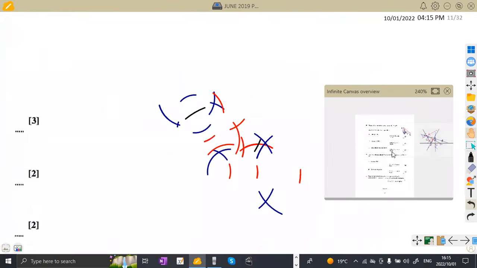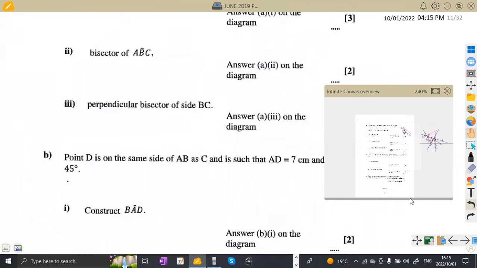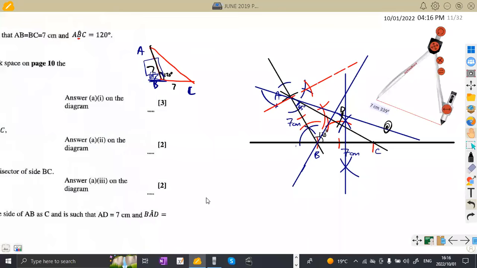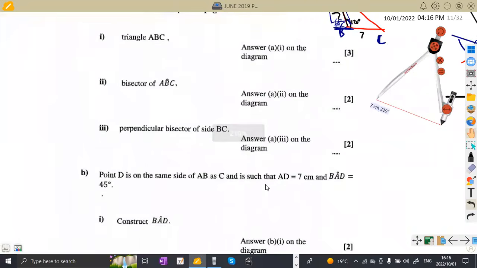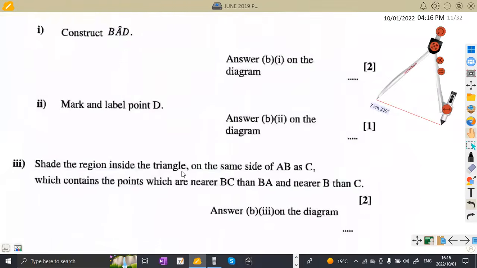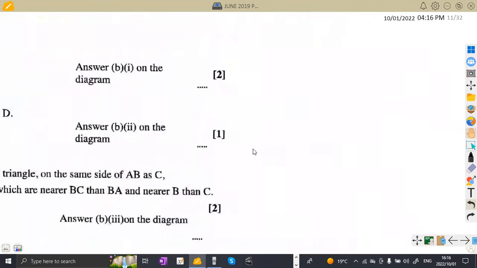Let's just hope my diagram is going to be there, guys. Let me just see if my diagram is going to be completely there, because I think it's going to. All right, so we have it here. Take note, we need a condition here, that it's nearer BC than BA. So we need a condition that is near BC.